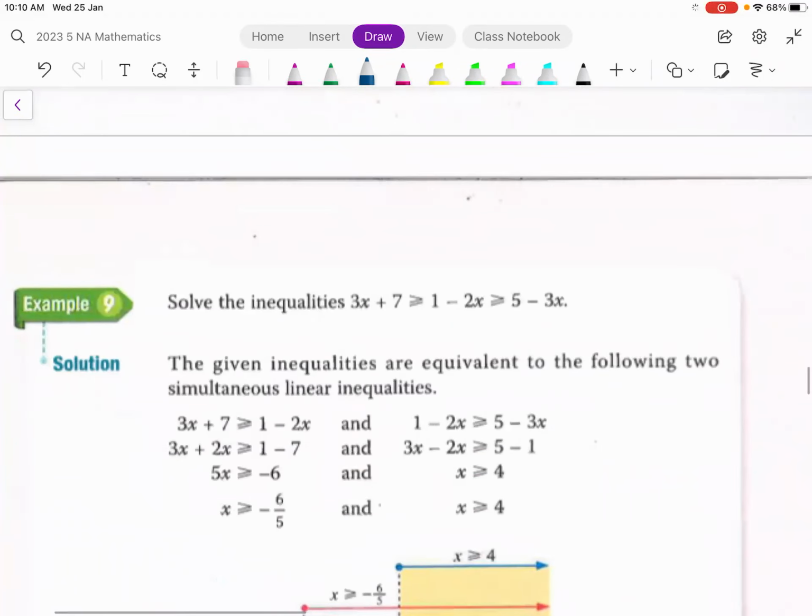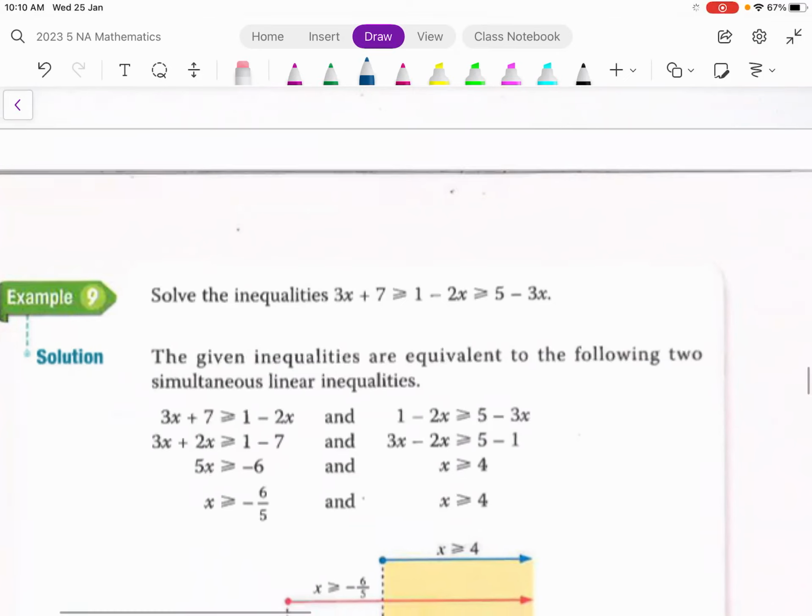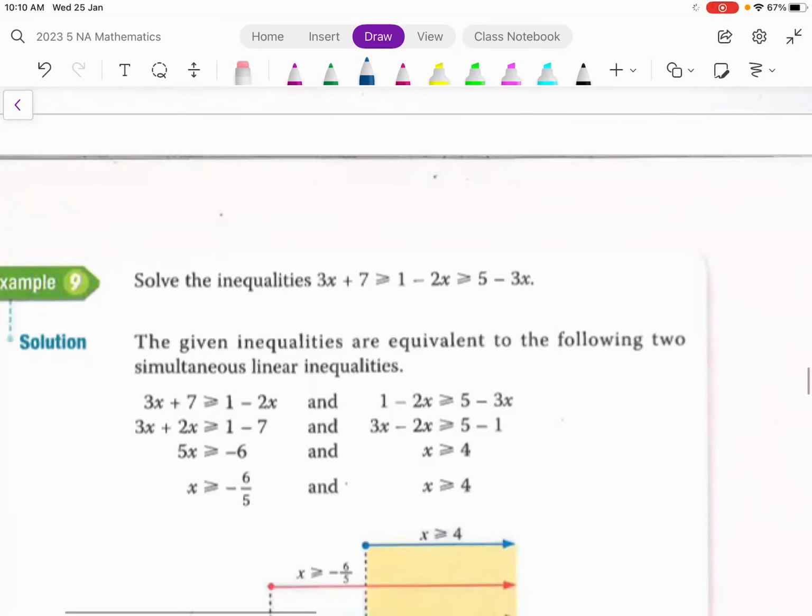Example number 9. Take a look at this. Look up. Very important, it is your homework question type. Here, you have expression, inequality, expression, inequality, expression. Where are the 2 simultaneous inequalities? You really got 2, right? This one doesn't show any. So where?